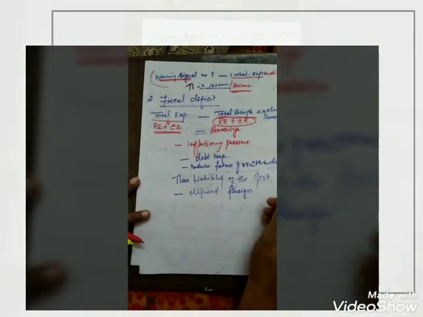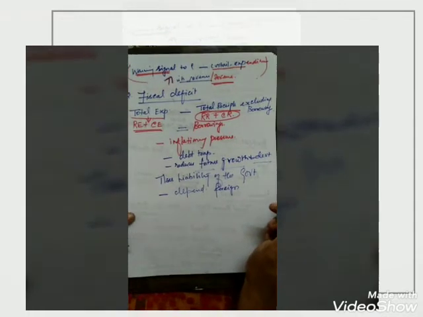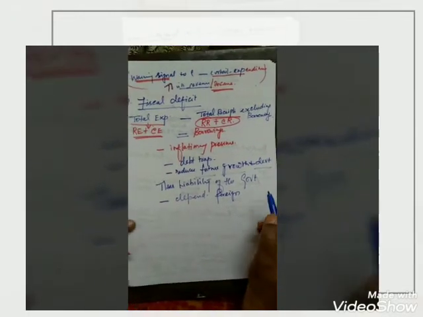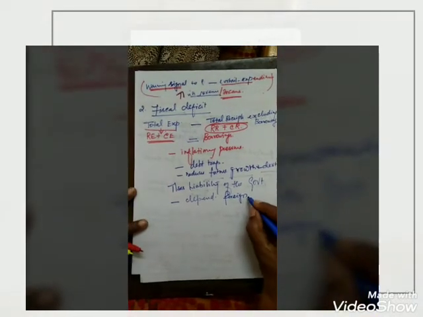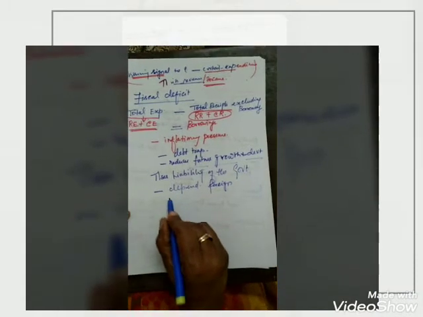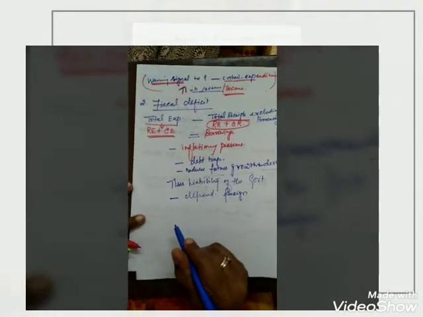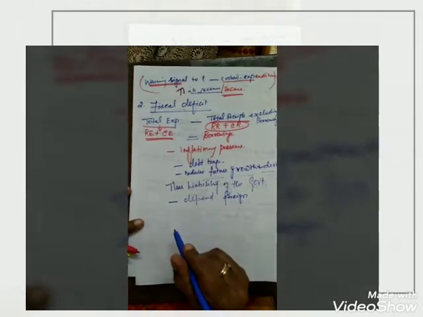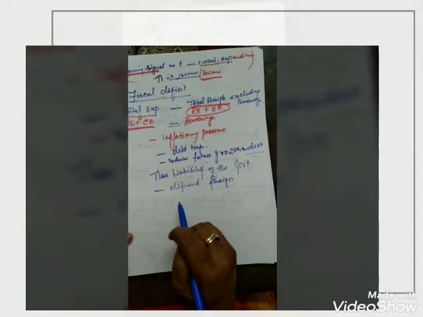If the internal sources are insufficient to maintain the budget, we have to depend on foreign countries, so foreign dependence will be more. Is it clear? We have to get loans from foreign countries and international organizations like the IMF as well as the World Bank. So these are all the implications.